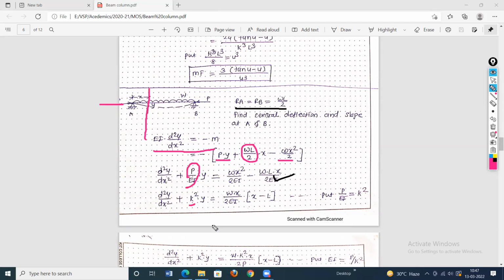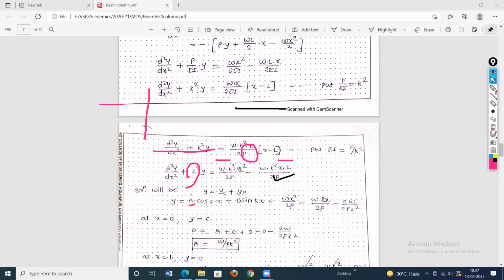The remaining terms will be as they are. Finally, this is the deflection second-order differential equation. The right-hand side is not equal to 0.